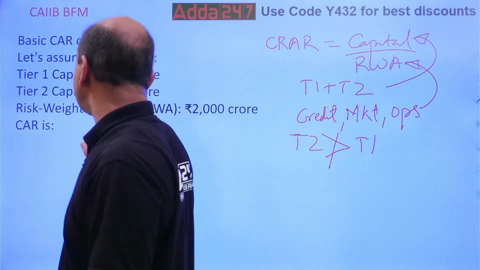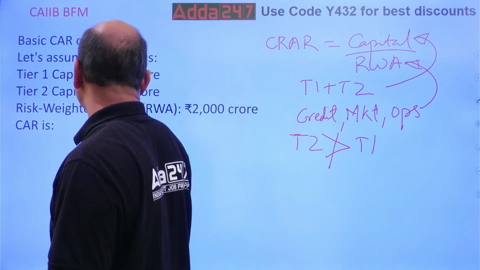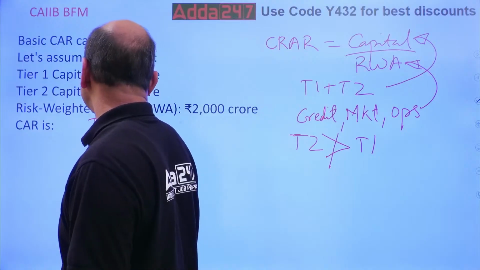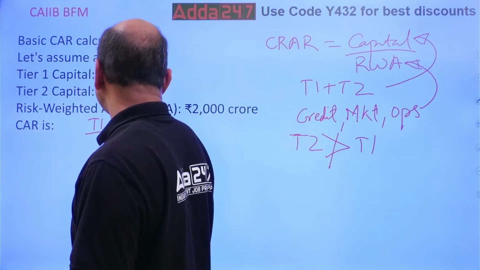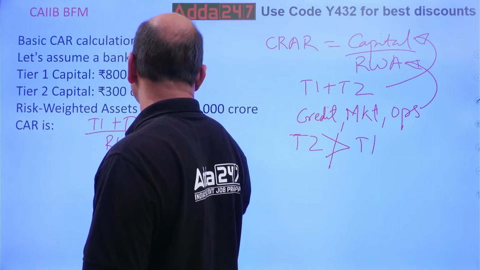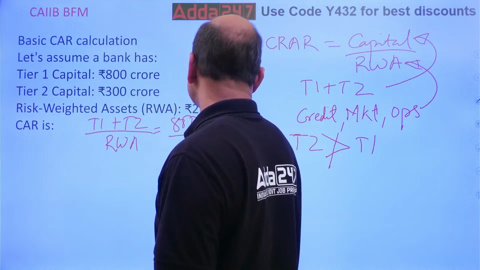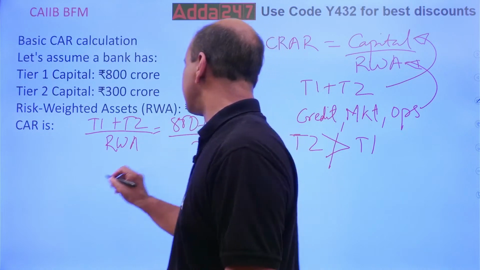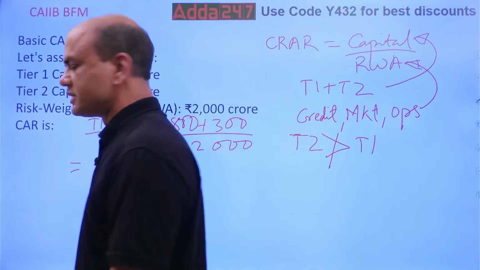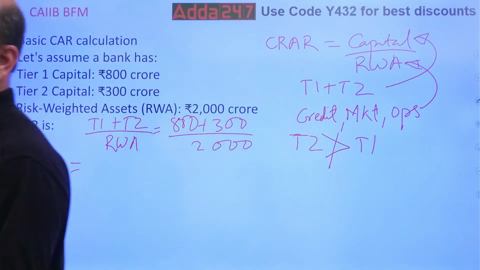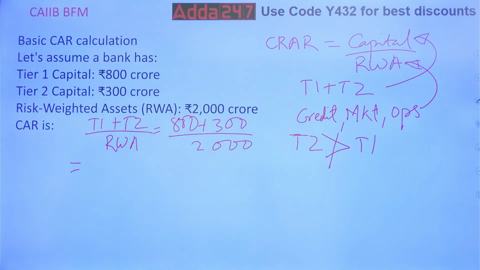So it equals T1 plus T2, the whole upon RWA. That is 800 plus 300, the whole upon 2000. So 1100 upon 2000. Get the answer, everyone.